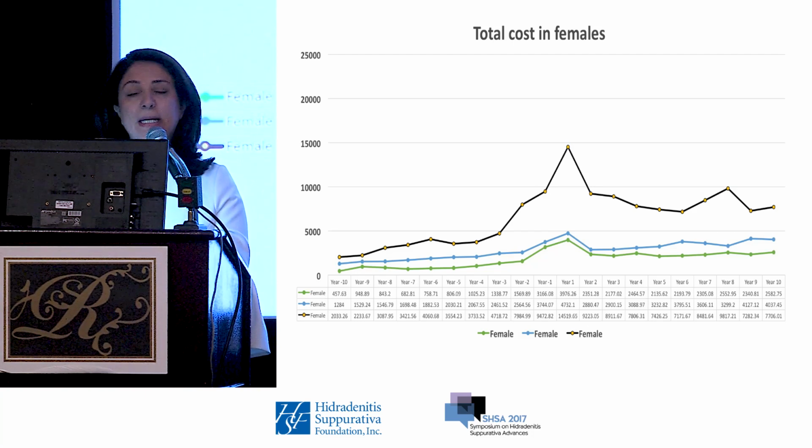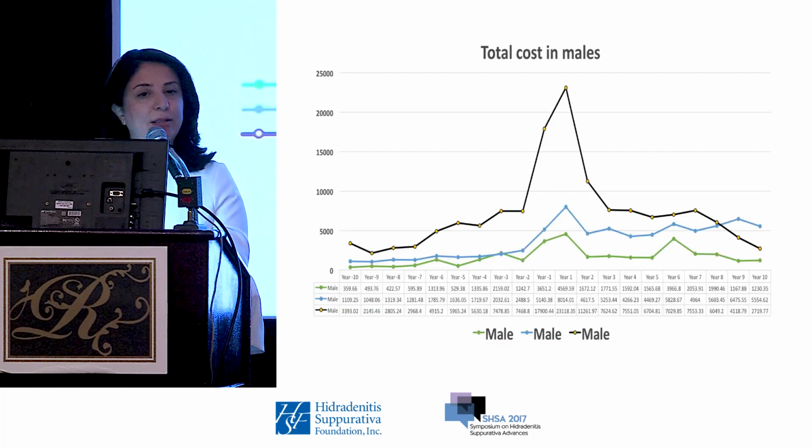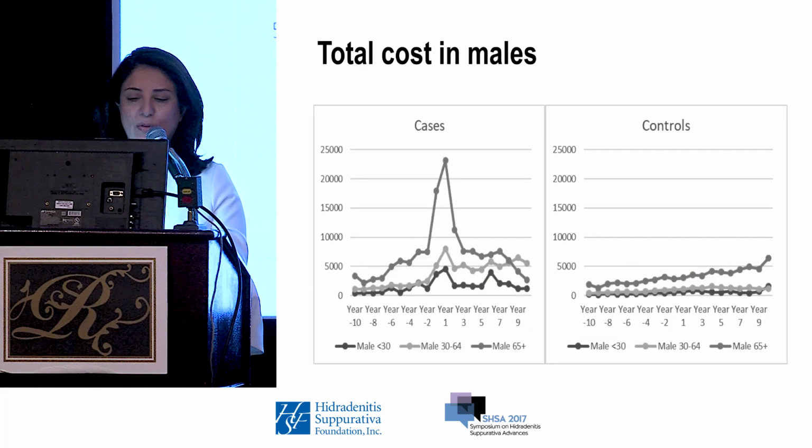Here you see in female patients the peak is in the index year, the surgery, and the cost after surgery also stayed high compared to the control group, and here for male patients compared to the control group.